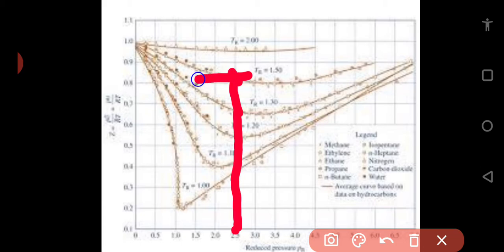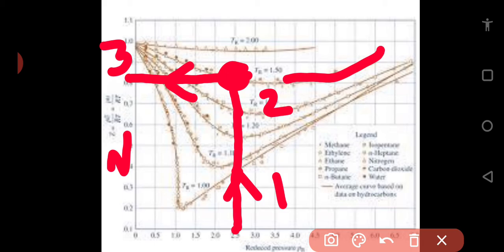Then I will take it to the left, and it is slightly above 0.8. You understand? First we take the reduced pressure 2.5. Then we take the reduced temperature line 1.5. Wherever they intersect, that is the point.